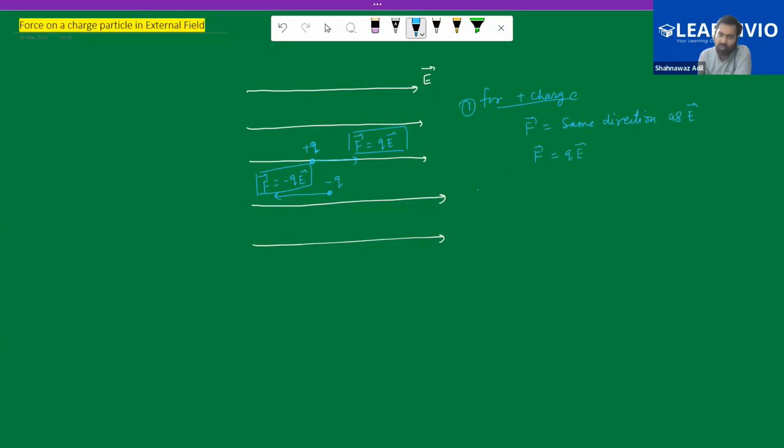And second point is for negative charge, F is against the direction of this. You have already got this, right? So F is minus Q, right?